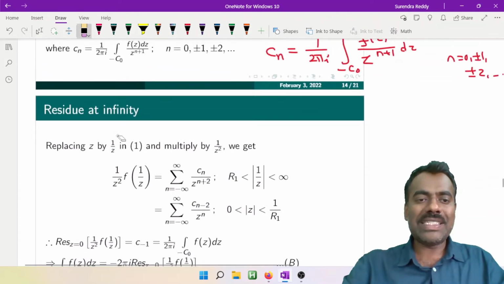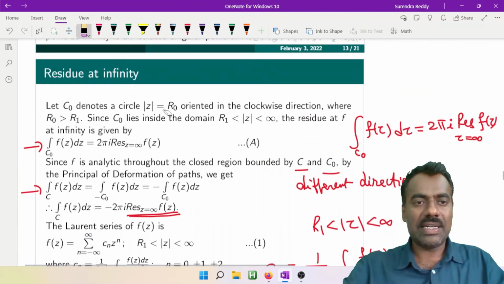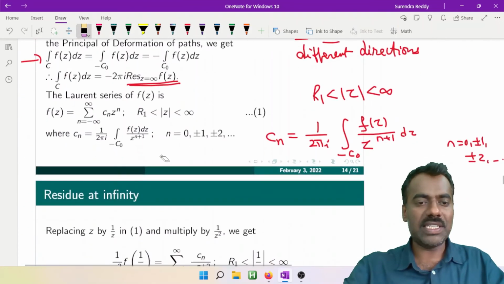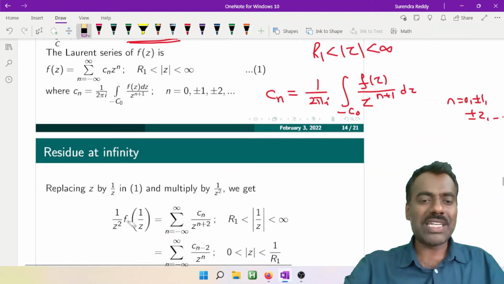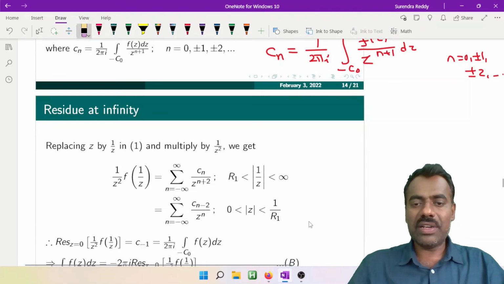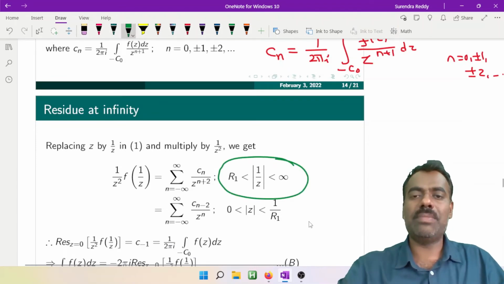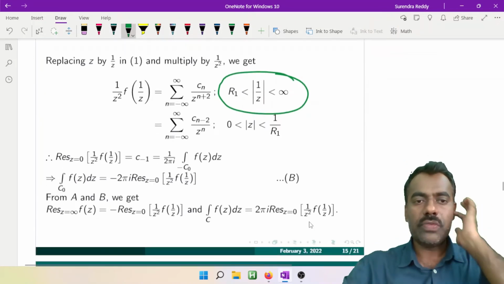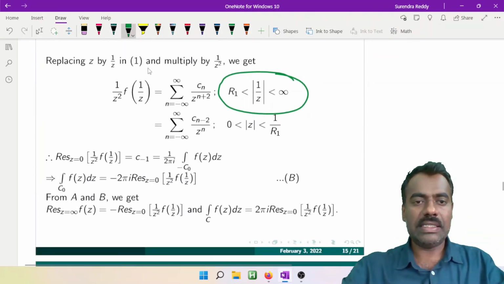So replace z by 1 by z in this Laurent series representation. Where is it? Here. Okay. Then multiply by 1 by z square, or minus 1 by z square. It is not a problem. Now you can see that our region has changed here. It is 1 by z. So 1 by z square into f of 1 by z, then you will get this one.